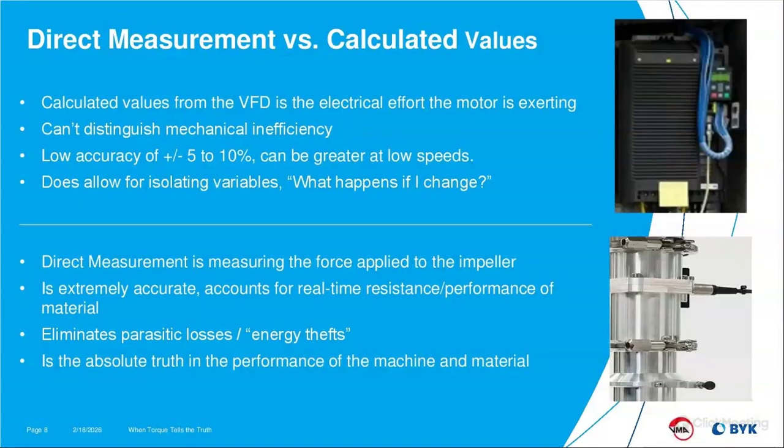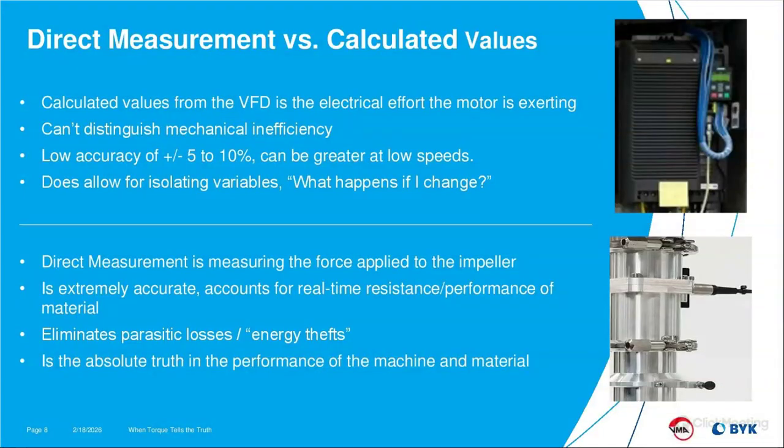So there are two different ways that we get this information. Most instruments will have some sort of frequency inverter or VFD, and that's just measuring the electrical effort that the motor is exerting, right? The problem with that is it can't distinguish mechanical inefficiencies, things like bearing friction or seal resistance, or maybe gearbox inefficiency.